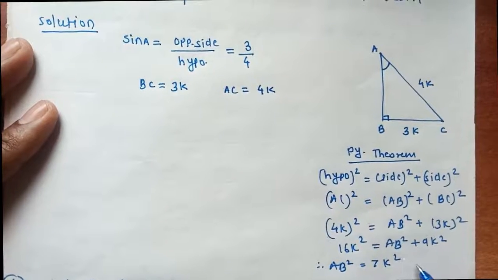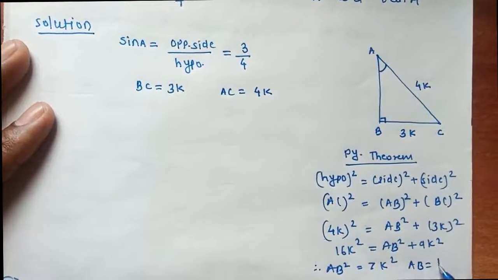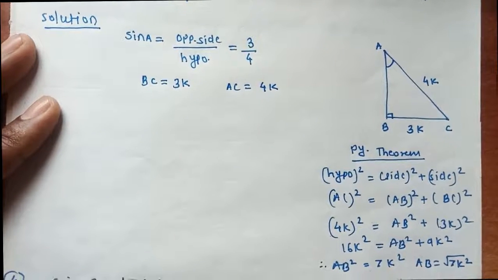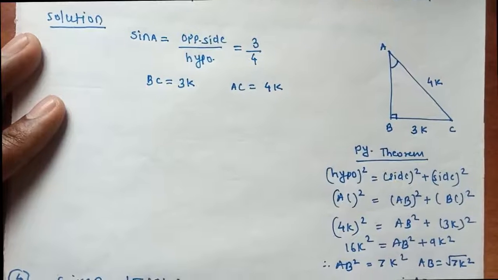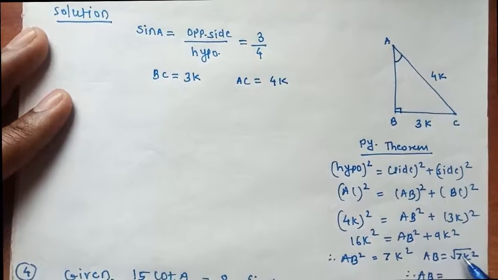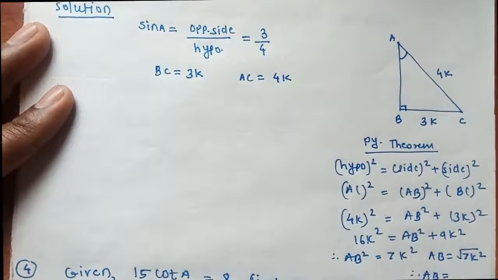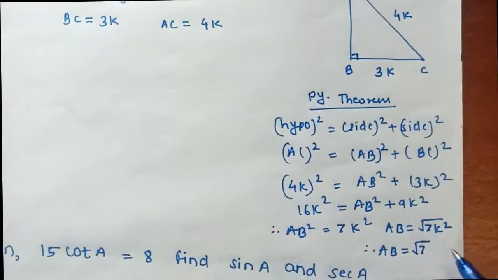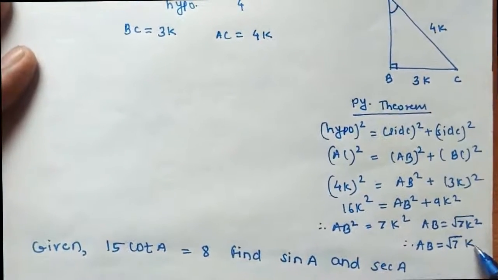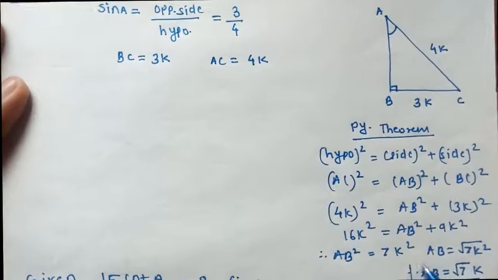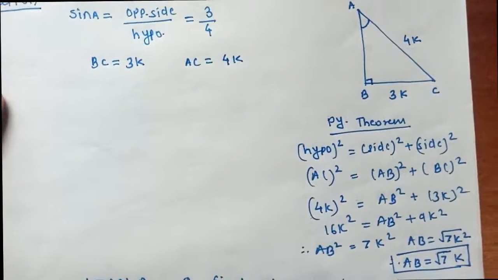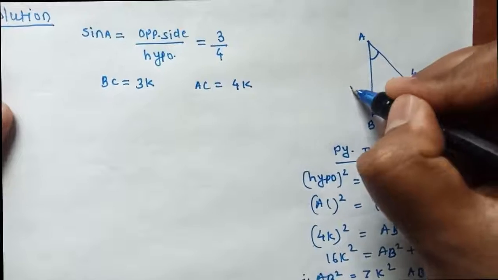So AB is equal to root of 7k square. Therefore AB is equal to, the square root of 7 we don't know, so let it be like that, root 7, but the square root of k square is just k. So we got the value AB is equal to root 7 k. So now this root 7k we have to put it here.